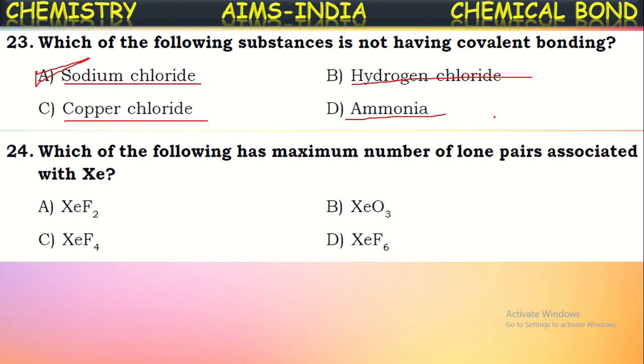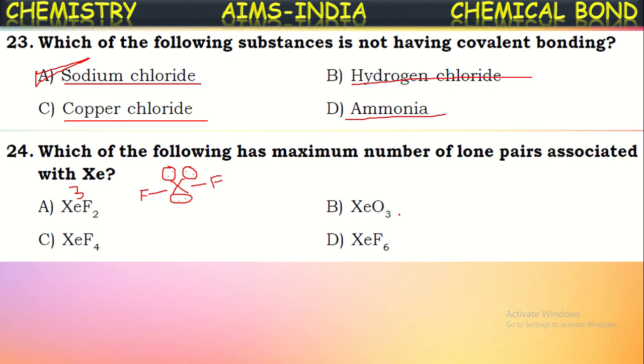Where there are fewer bond pairs, there will be more lone pairs on the central atom obviously. We see xenon difluoride. We know xenon has totally 8 electrons in its outermost shell. In that, 2 electrons participate in the bond formation with 2 fluorine atoms. So now how many lone pairs of electrons are there? 3. So number of lone pairs on xenon is 3 here.